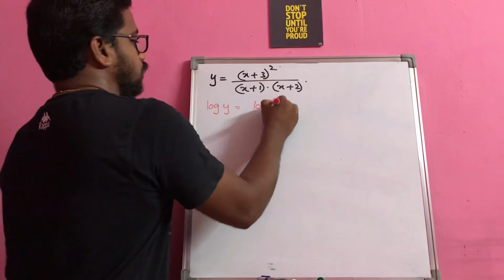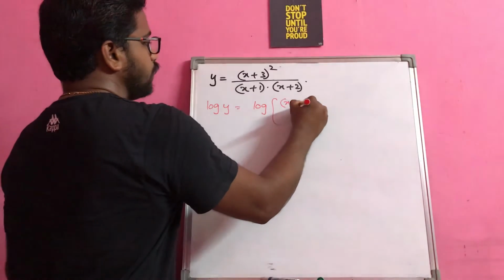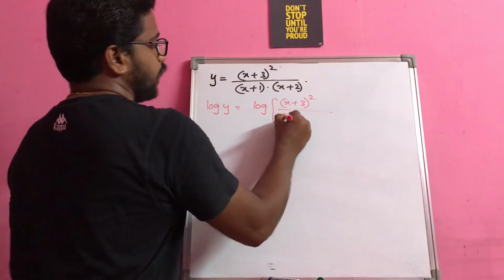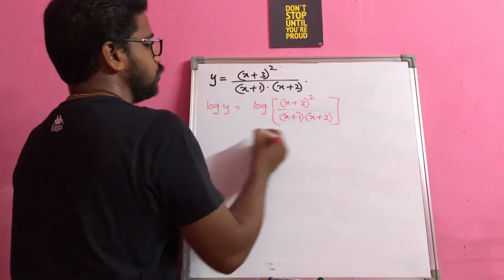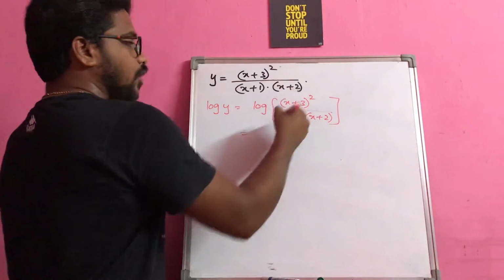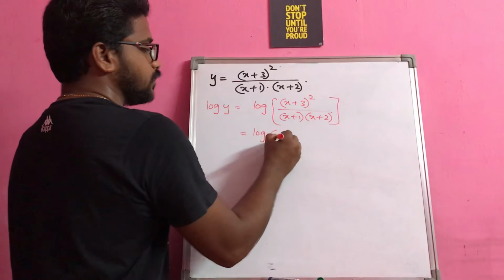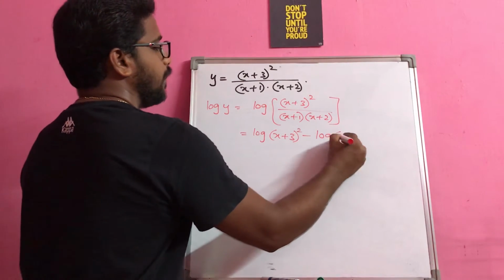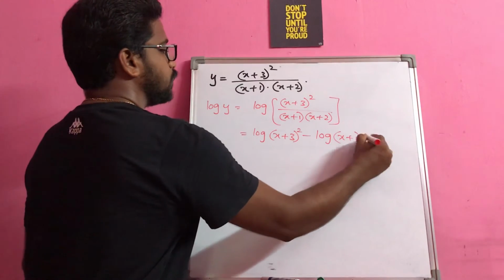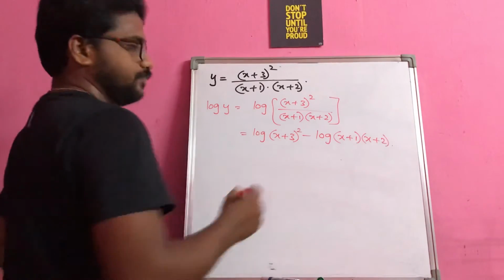log y is equal to log of x plus 3 whole square by x plus 1 into x plus 2, that is log of a by b. So the first simplification will be log of x plus 3 whole square minus log of x plus 1 into x plus 2.